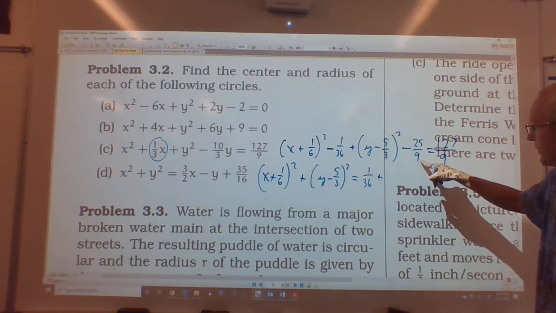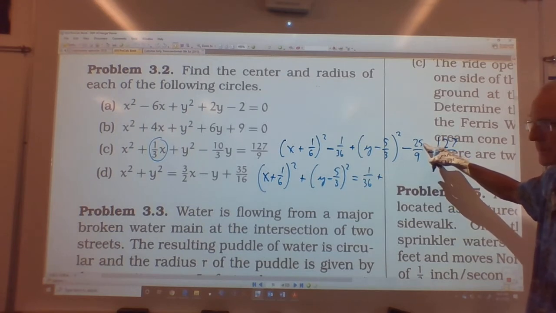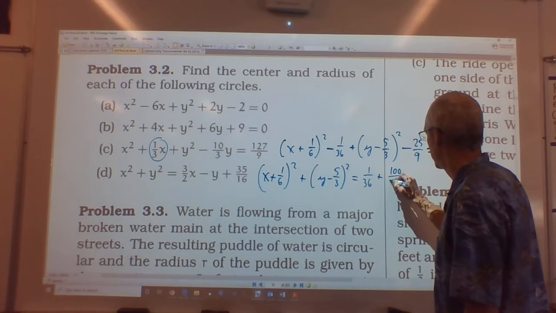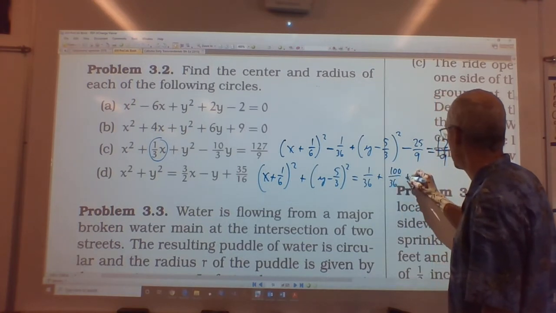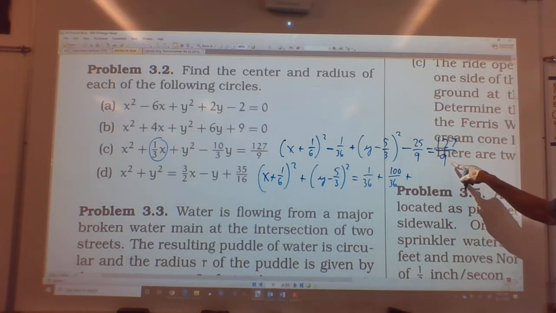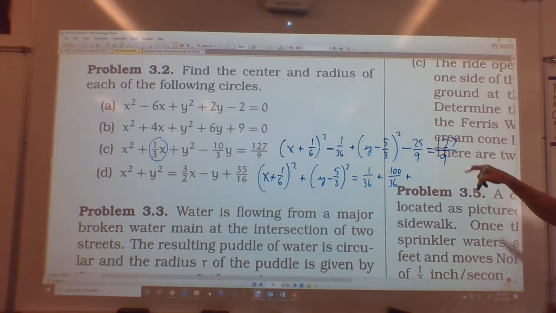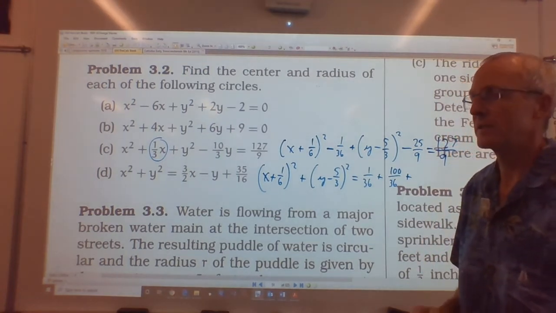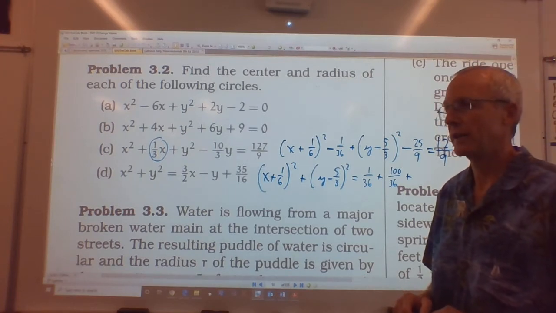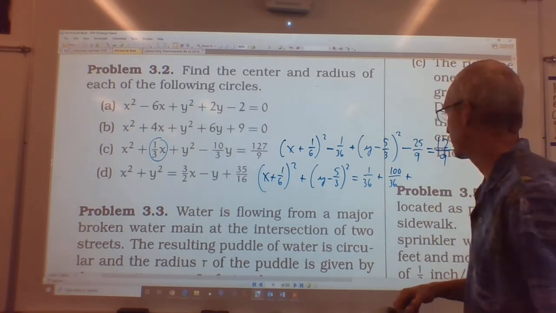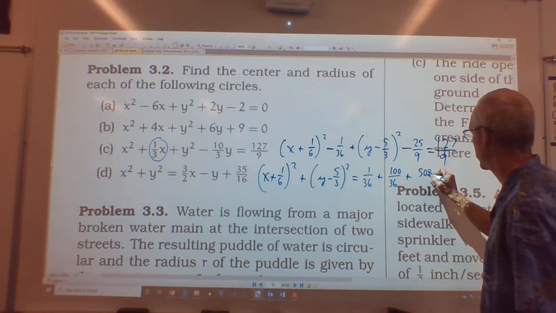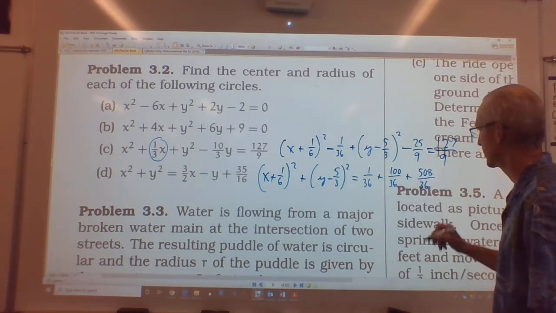Multiply the bottom by 4, multiply the top by 4, 25 times 4 is 100, so that's plus 100/36, plus we already had this one here, multiply the bottom by 4 to get 36, 4 times 127, oh, what's that? 4 times 125 is 500, and so we have 2 more, so 508 I think. Hopefully I did that right, so 508 over 36.